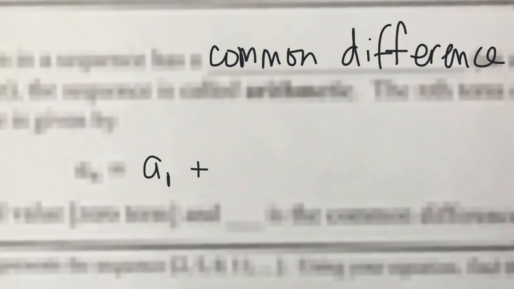So a sub 1, the first term, plus parentheses n minus 1, times d, the common difference. This is the equation we're going to use over and over and over again today to find out different things.